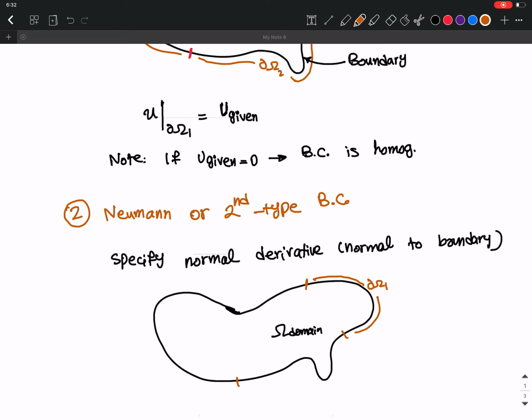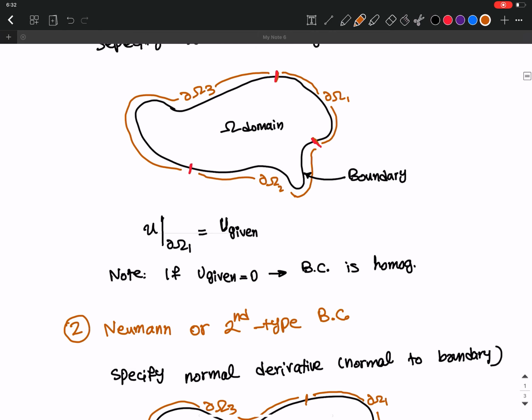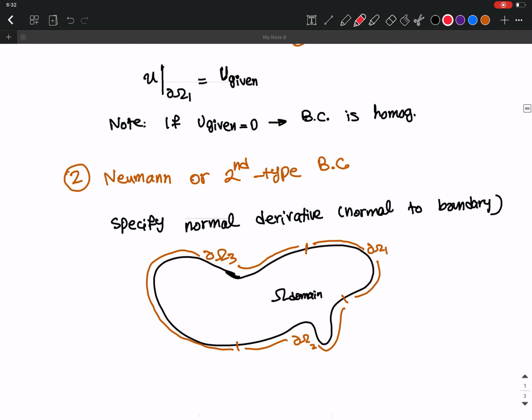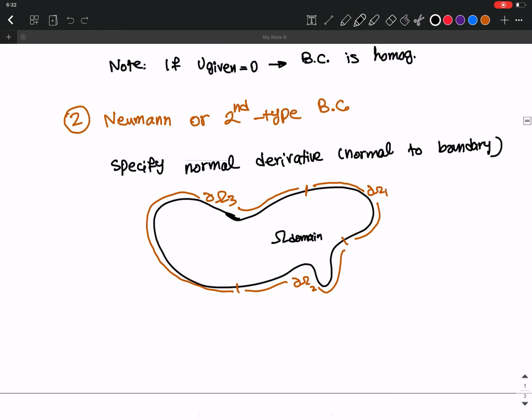Again, these are just examples, and it could be more complicated. You can have tens of these divisions, or it can be just one, like just a first type boundary, gamma 1, or you can have many more divisions. This is just an example for illustration, so you get the idea.